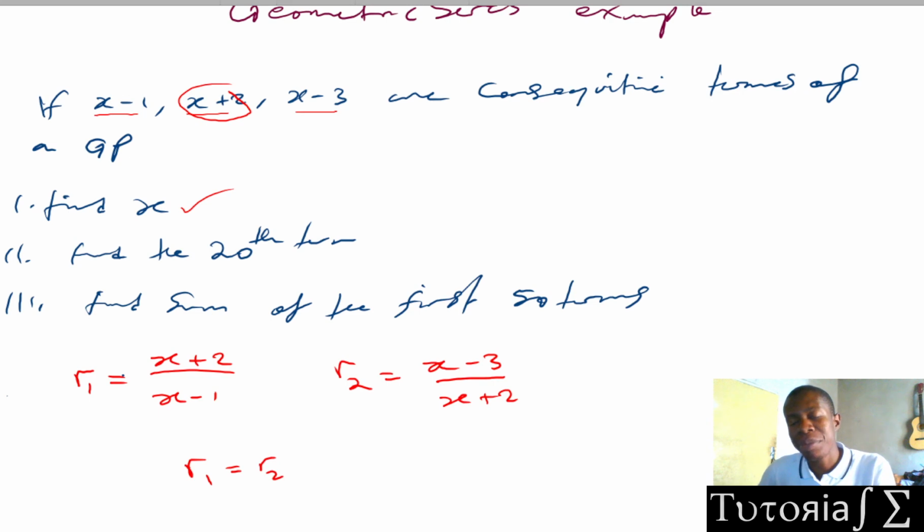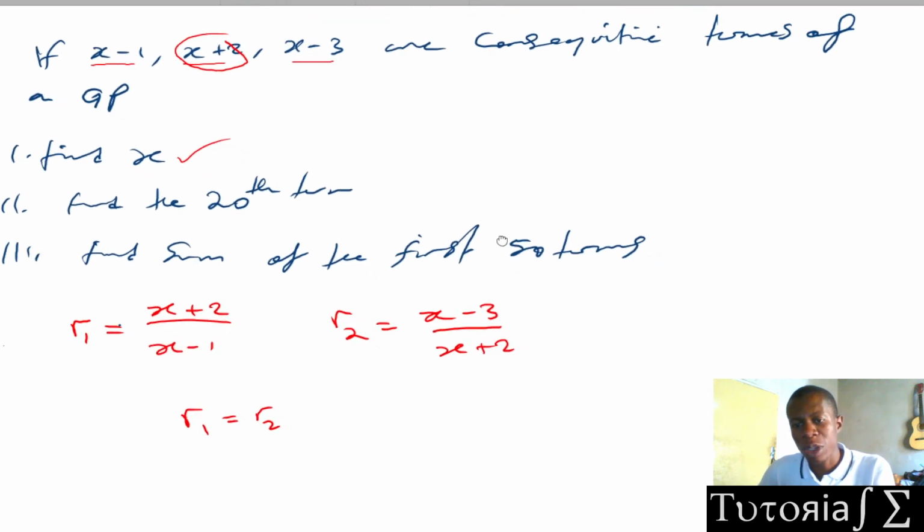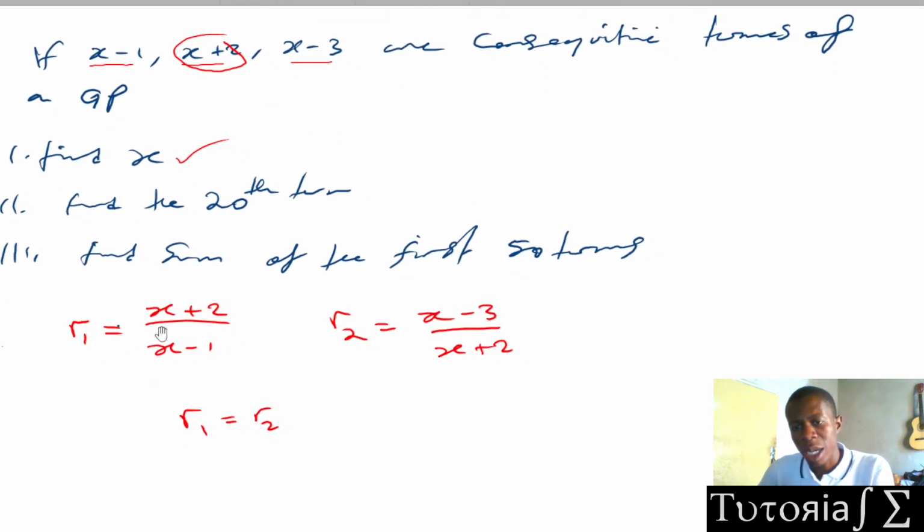When we look at arithmetic progression, we'll use what we know as the common difference. We'll also be equating. So how do you find the common ratio? We found it here, so we just equate them.